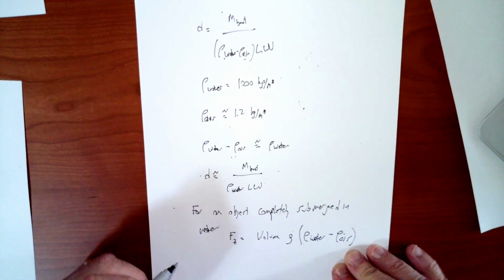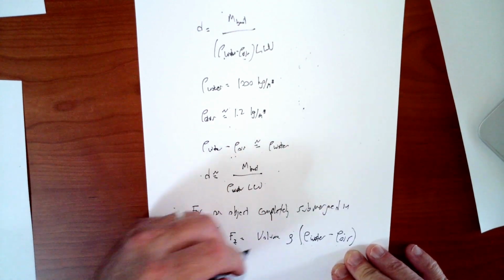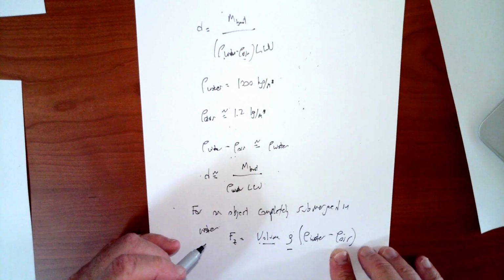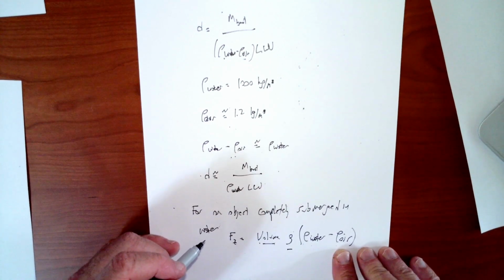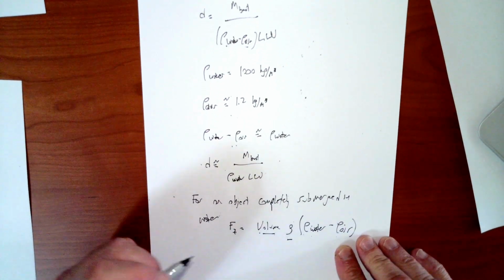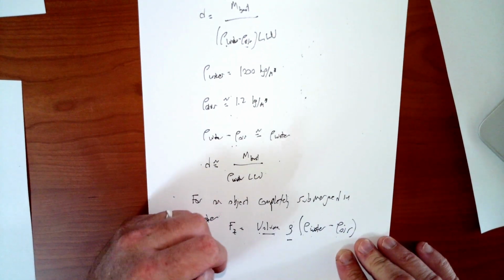So that's the formula we already came up with. It's going to be the total volume times gravity times the difference in density between the water and the air.